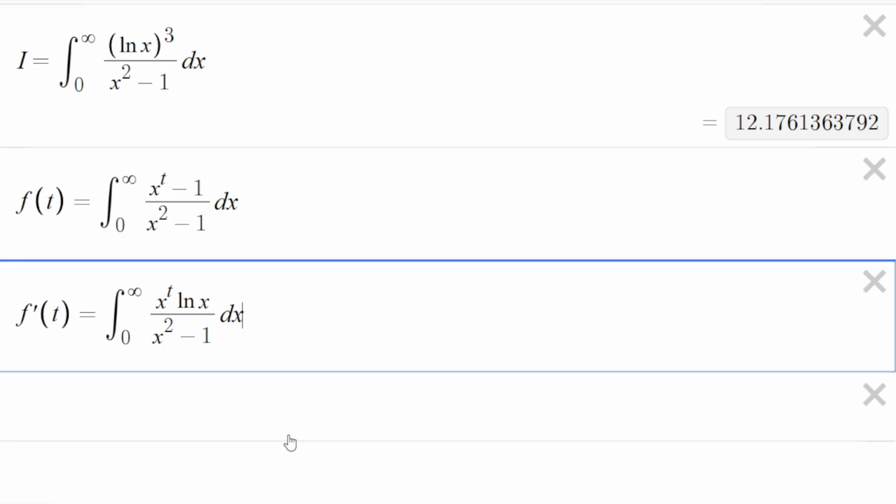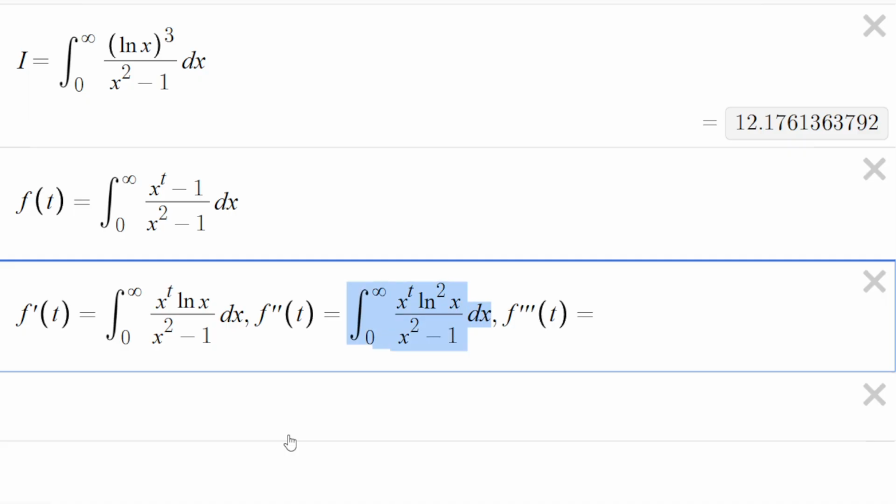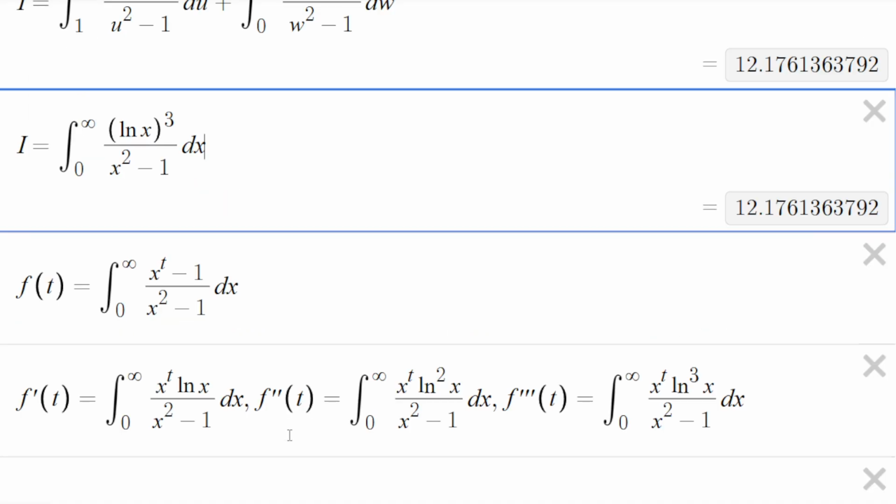Okay. Well, what happens if we take another derivative? We get this. Following the same idea, we're just going to get a natural log squared x. And then f triple prime of t is equal to this. Natural log cubed x, which is, well, not exactly, but this is almost I, except when t is equal to 0.